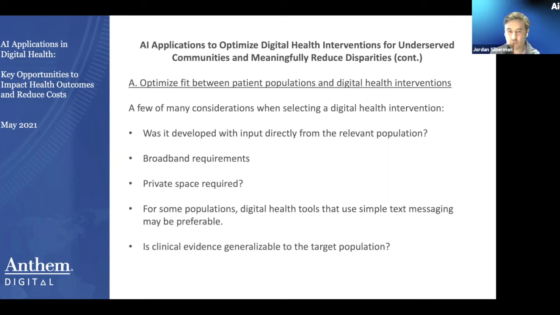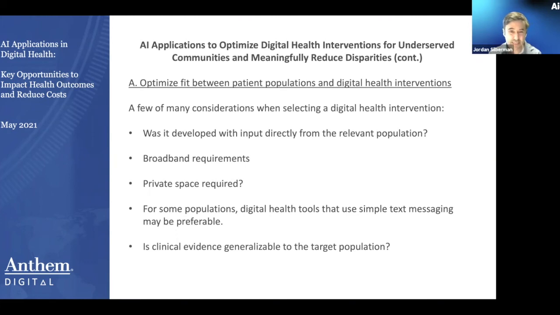And due to limits in internet connectivity and limits on availability of a private space, for many populations, digital health interventions that incorporate simple text messaging can be very helpful. Another important consideration is whether or not the relevant evidence is generalizable to the target population.